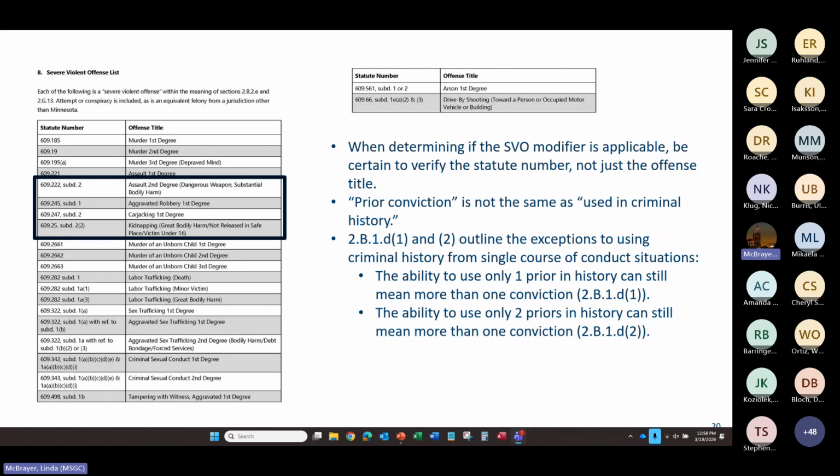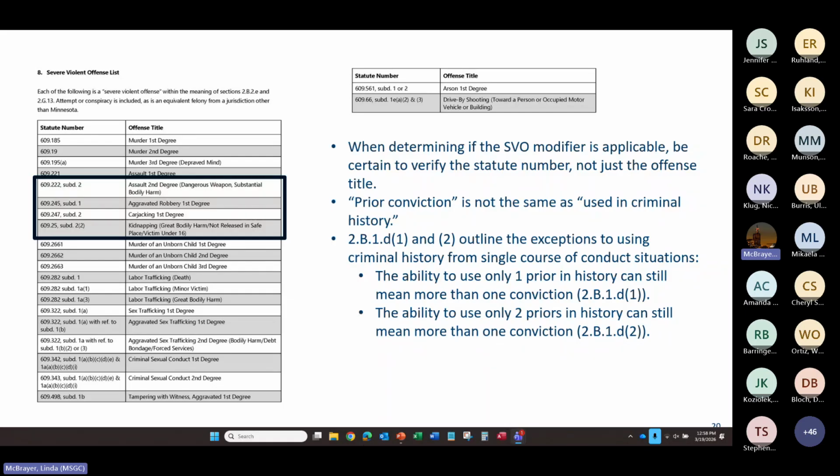criminal history. Remember that under the single course of conduct, multiple sentences involving a burglary, kidnapping, or meth or fentanyl offense, only one prior is used in criminal history, but there may have been more than one conviction and sentence, as is the ability to only use two priors in criminal history when it's a single course of conduct, multiple victims.